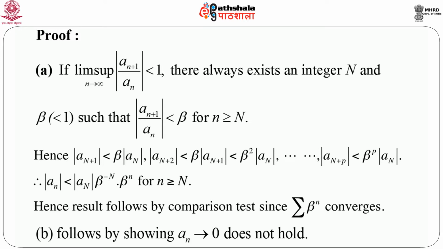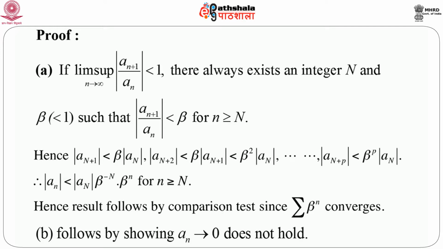We can show that a_n going to 0 does not hold, because if summation a_n is convergent, then obviously a_n must go to 0. But if we can show that a_n going to 0 does not hold under the condition that |a_(n+1)/a_n| is greater than 1, then we can say that the series is divergent.